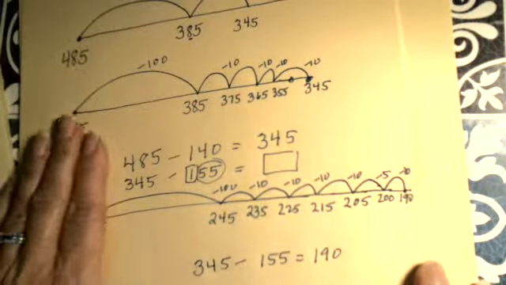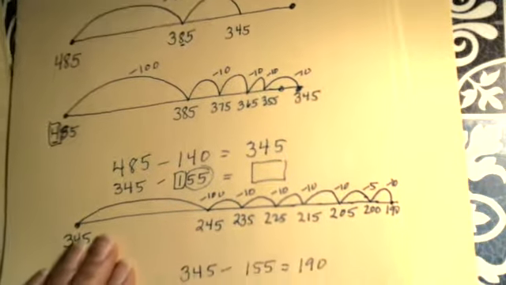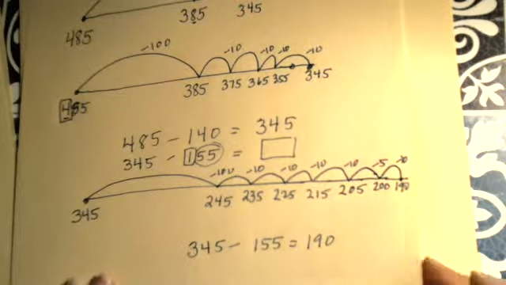Now, I know these number lines might look a little confusing, and if they are a little confusing, stick with the place value, or I'll show you one more way. Okay, again, I'm going to do 485 minus 140, and then after I do that, I have to take away the 155.